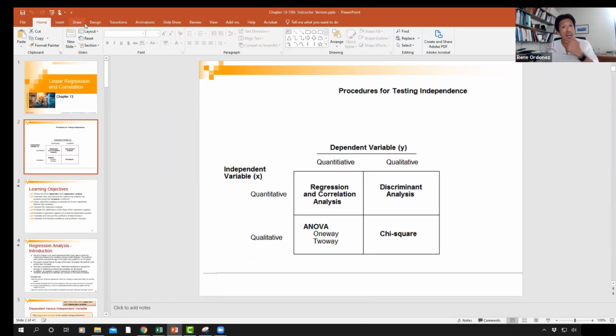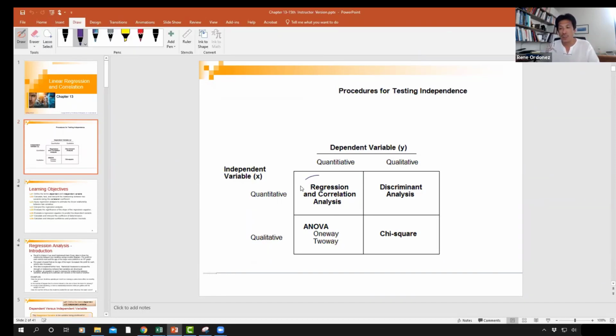So for the next 2 chapters, at least for this chapter, we will be focusing on regression and correlation analysis. You will note that the response variable is something that is measured, something quantitative. And the independent variable also is one that is measured, so both are quantitative.